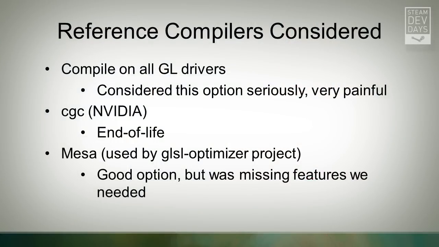In D3D, you don't have this problem because you can use FXC or D3DX to find out offline whether your shader is correct. So basically, the problem is OpenGL compilation is tied to what hardware you have and what driver you have. We wanted to be able to know whether our shader conformed to the OpenGL specification across all implementations.